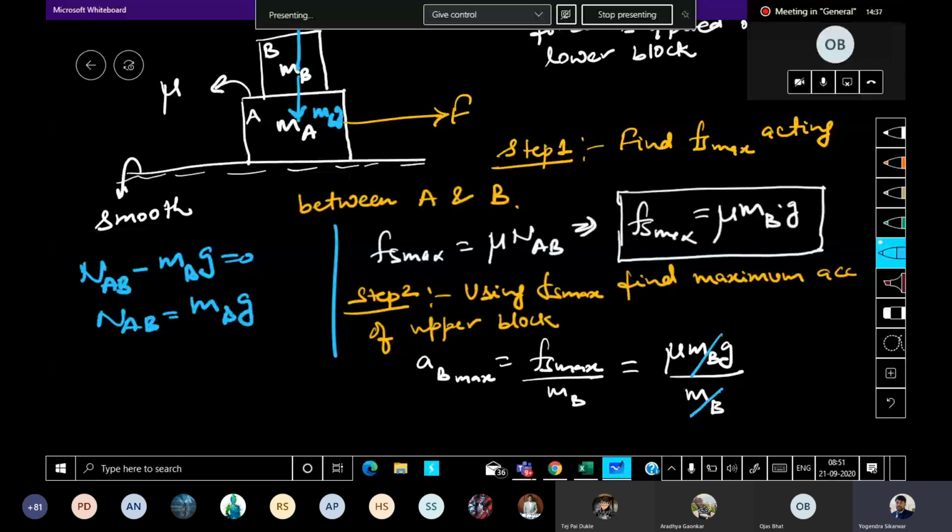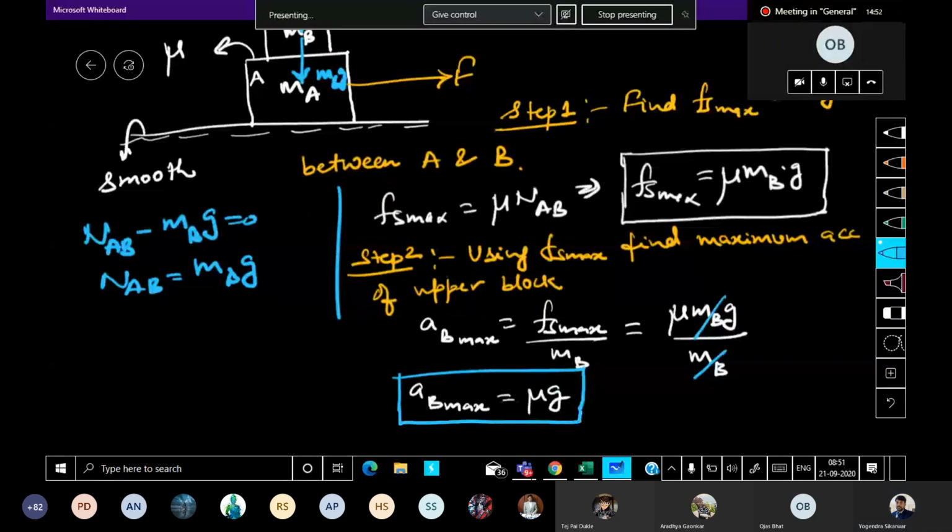So AB max comes out to be mu G. So this will be the maximum acceleration of the upper block.